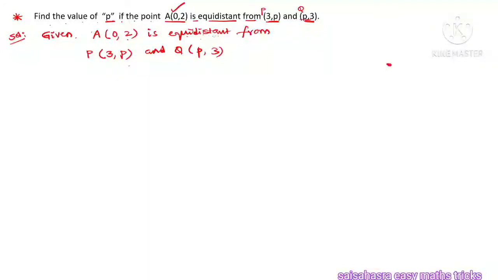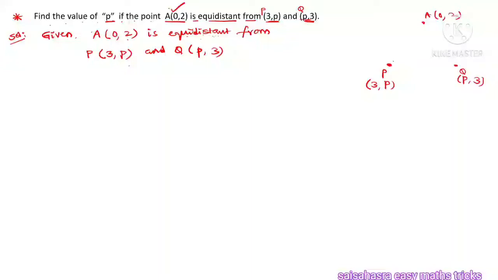So there is a point P, that is (3, p), and another point is Q (p, 3). One more point A is there, that is A (0, 2).